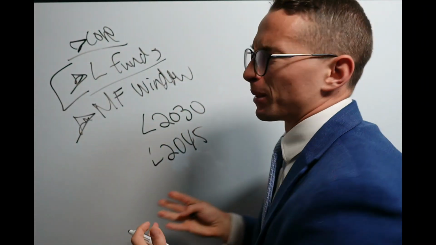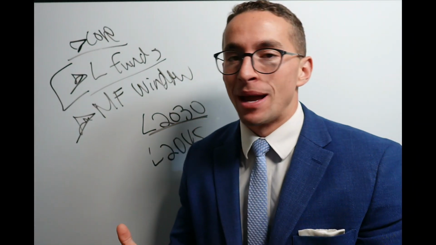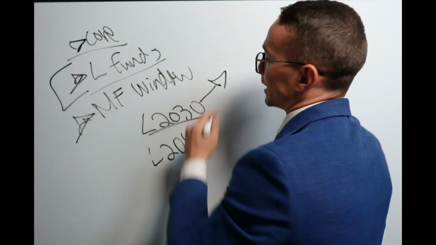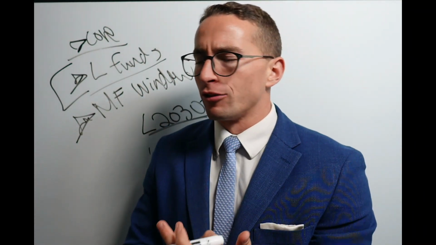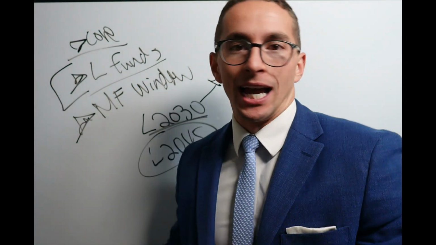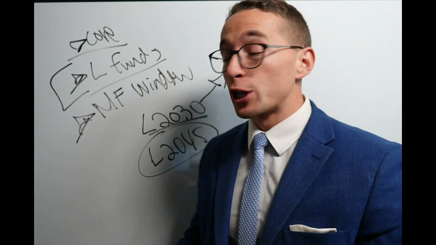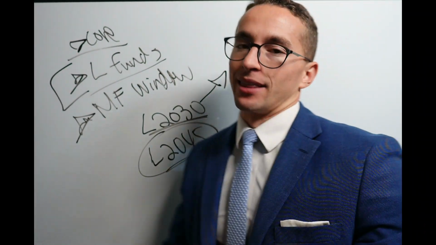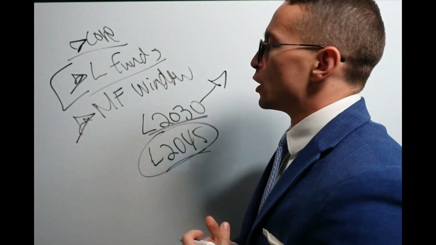Every L fund, there's probably about 10 different L funds, has a date attached to the name. And the further away that date is from today, the more aggressive it is. So the idea behind the L funds is you pick the L fund closest to your retirement date and you invest in that, and it gets more conservative automatically for you as you approach the date that the L fund is named after. That is the core idea.